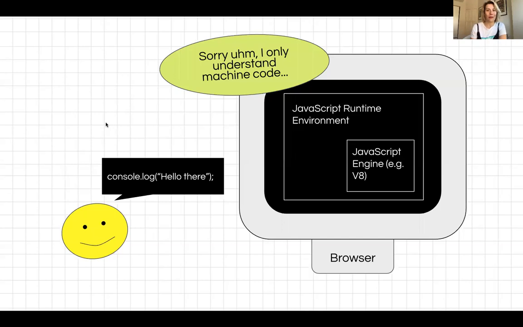And the way that happens is that every browser works with a JavaScript runtime environment. And inside that runtime environment, JavaScript has a so-called JavaScript engine. One engine, for example, for the Chrome browsers is called V8. And the job of that JavaScript engine is to take your JavaScript code and translate it to machine code.